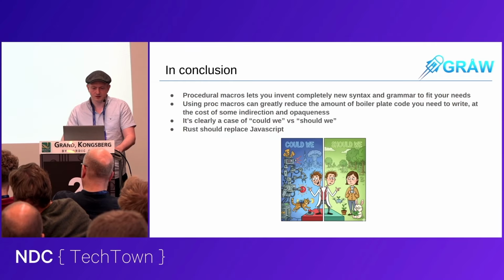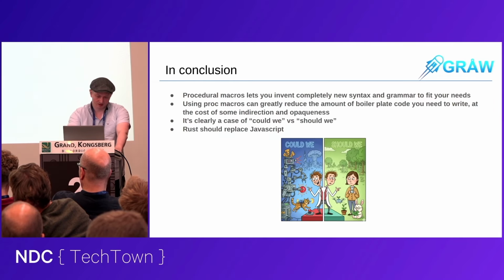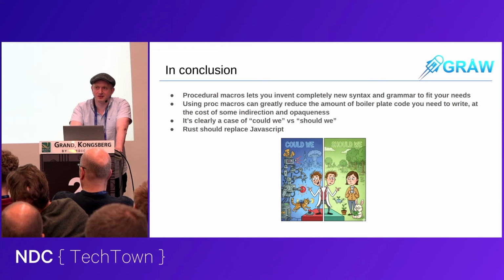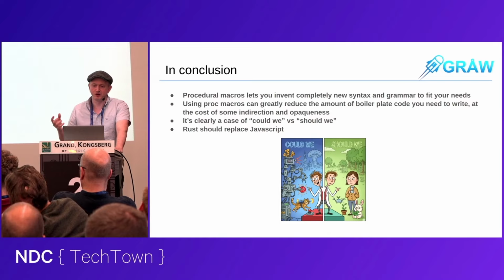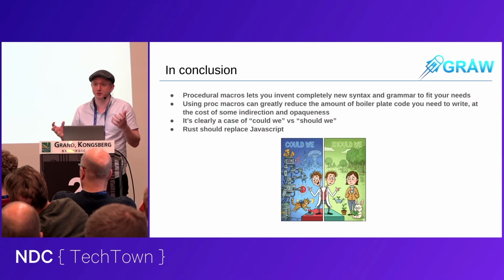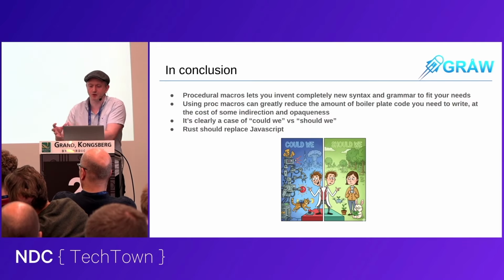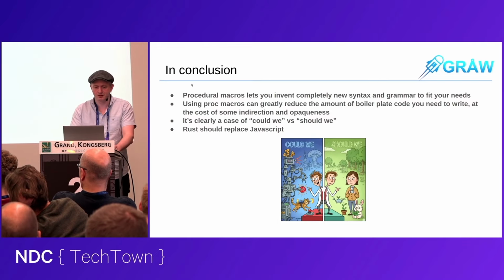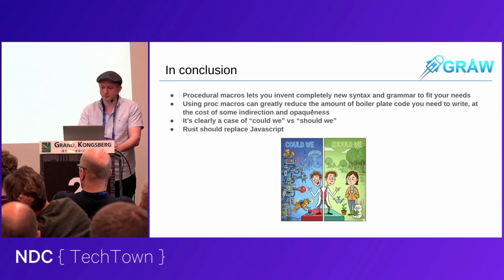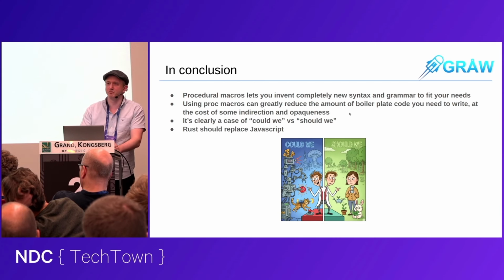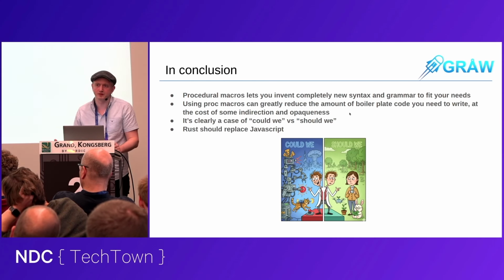And in conclusion, proc macros let you invent completely new novel Rust syntax, or not even Rust syntax, it's just some syntax that you can put in your program to express a subset or a problem in your domain that fits your needs. And it can greatly remove a lot of boilerplate code that you would normally write.